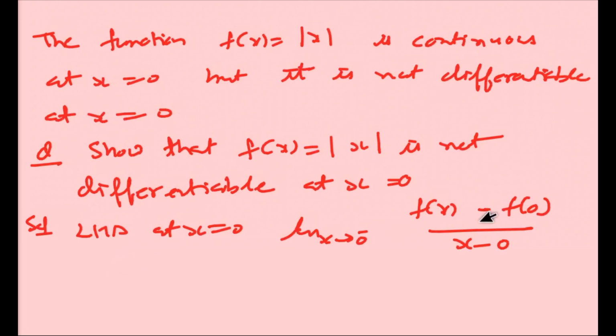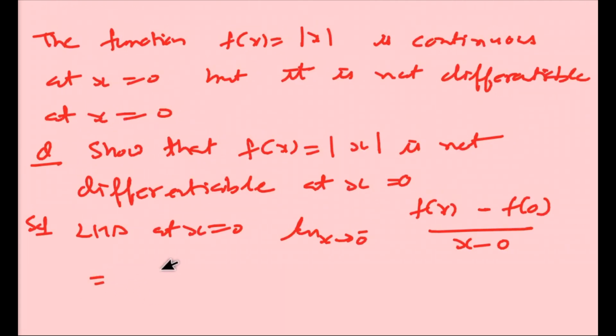Putting this value 0 in mod, we can find f(0), and letting x be 0 minus h, we put mod there.